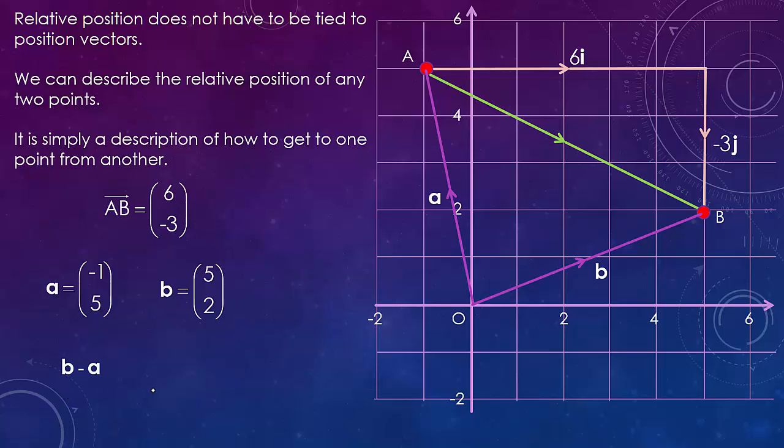Now, B take away A is 5, 2, take away -1, 5, and that gives us 6, -3, so it gives us AB. So AB is given by B minus A, and this is called the turnaround rule.